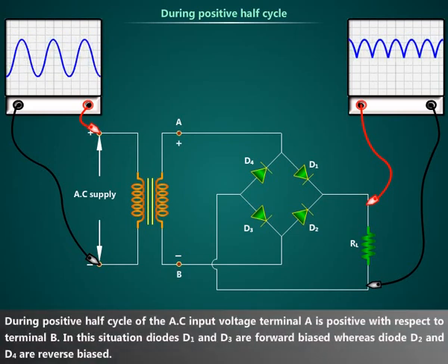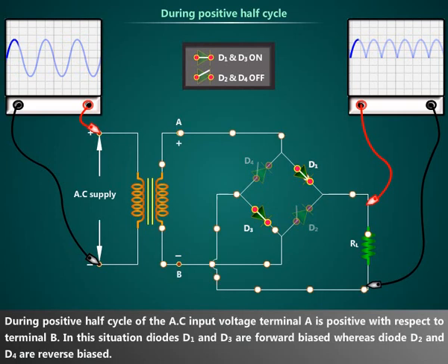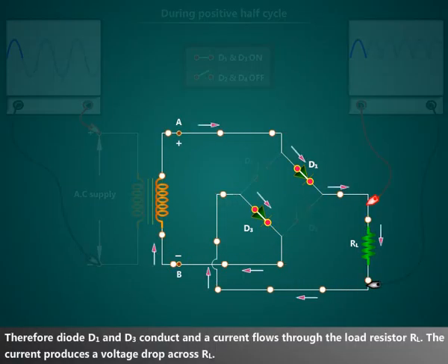During positive half cycle of the AC input voltage, terminal A is positive with respect to terminal B. In this situation, diodes D1 and D3 are forward biased, whereas diodes D2 and D4 are reverse biased. Therefore, diodes D1 and D3 conduct and a current flows through the load resistor RL. The current produces a voltage drop across RL.